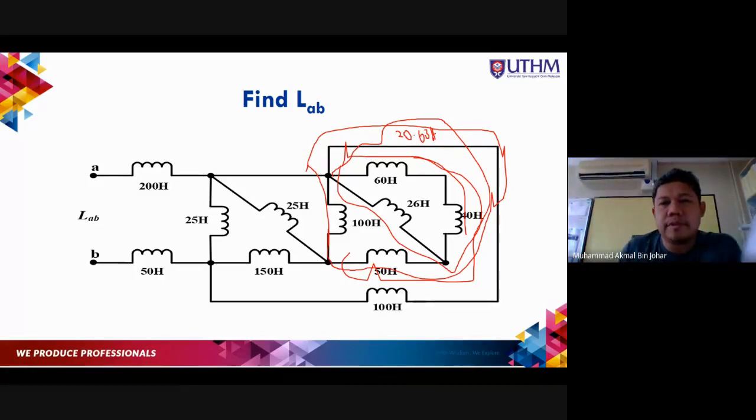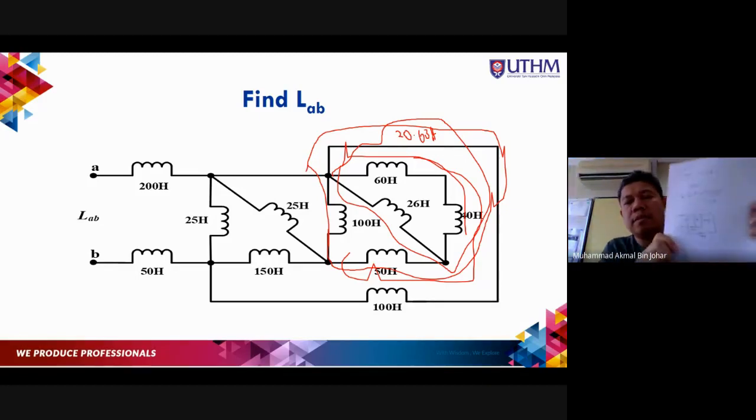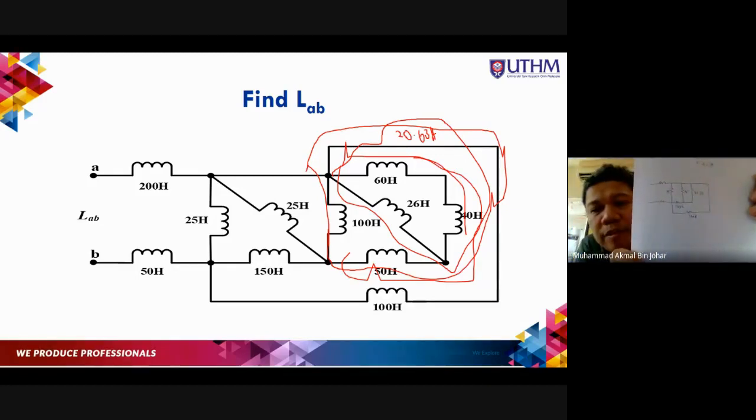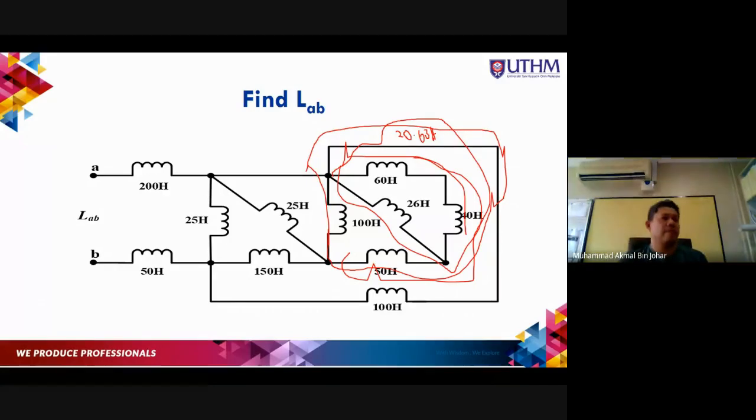So, jangan tunjuk kat camera je. So the circuitry will be simplified to this range where you have the 41.39 parallel with 25. Susah sikit. That's why I draw it this way.